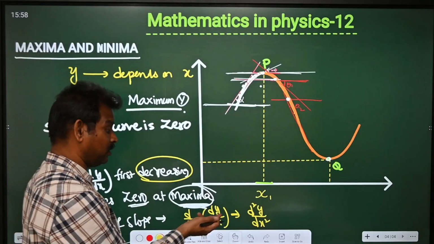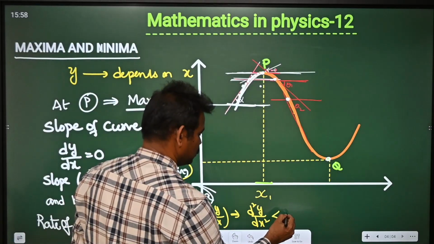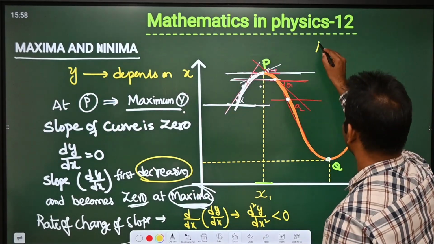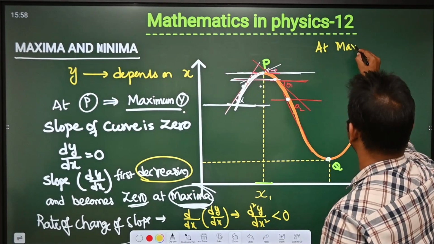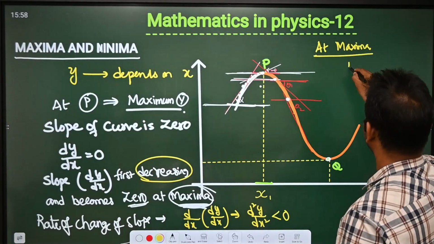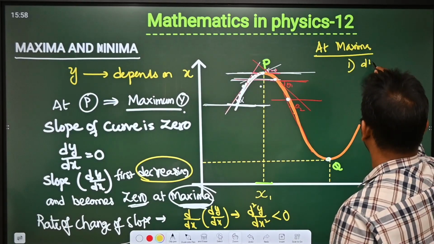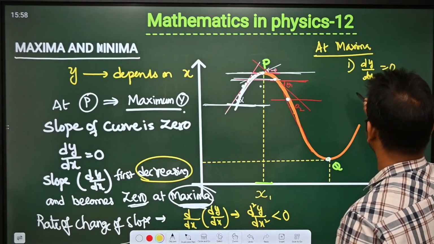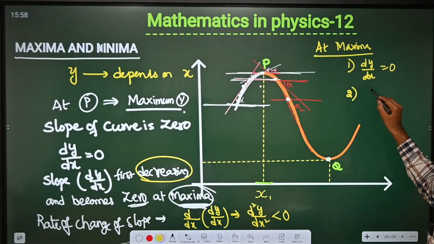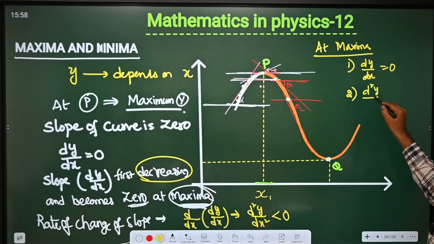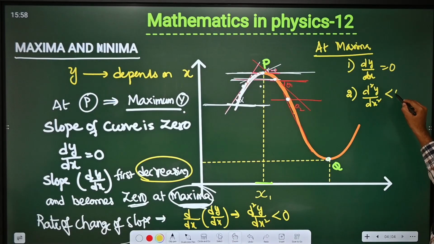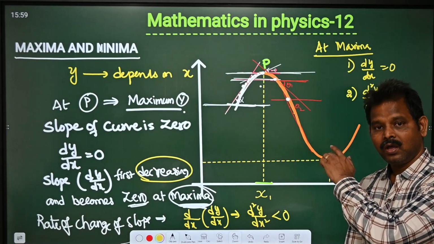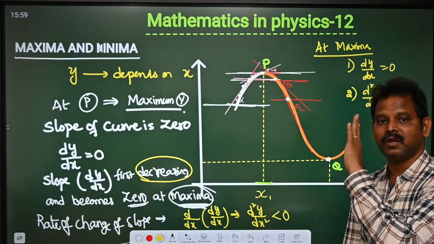Decreasing slope means rate of change of slope is negative. This is less than 0. So please remember, students, at the maxima, first condition is dy by dx is 0. Second condition, d square y by dx square is less than 0. So for maximum, the condition is slope must be 0 and rate of change of slope must be negative.